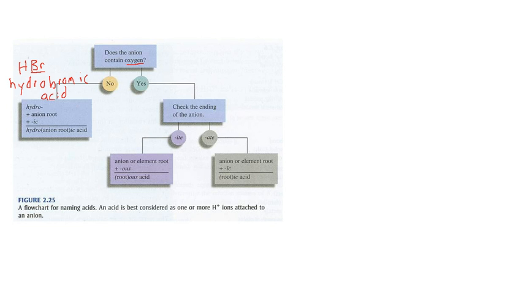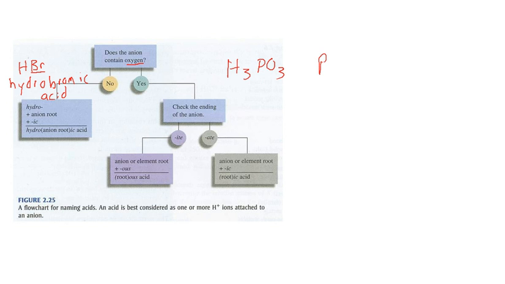Okay. Let's say instead that we do have oxygen present. When there is an oxygen in there, an example would be this compound right here. We have to take a look at the anion and find out if it ends in ite or ate.